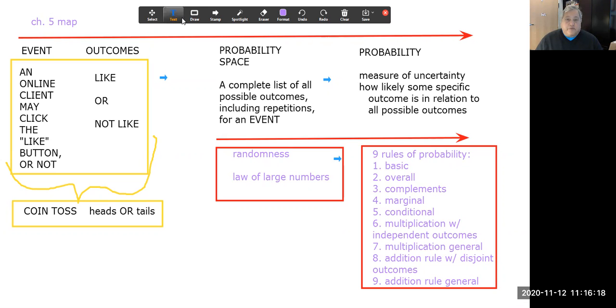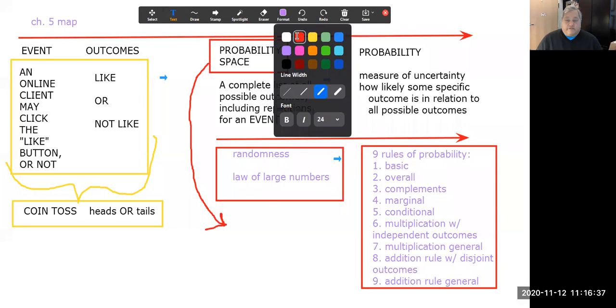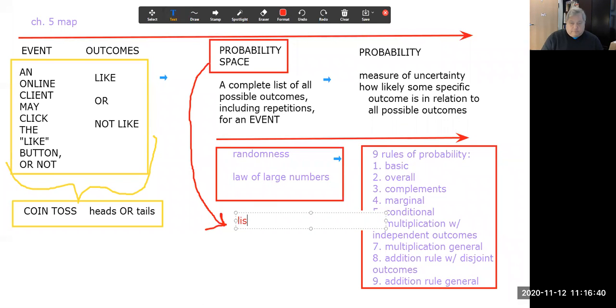One last thing to remember is that these probability spaces that we are referring to here are arranged in many different ways. So throughout the chapter, you're going to see probability spaces that sometimes are in the form of a list of items, like when I listed like and dislike. But you could also have probability spaces in contingency tables, very much like the contingency tables that we covered when we were describing categorical data.